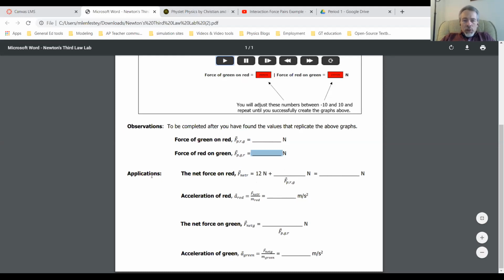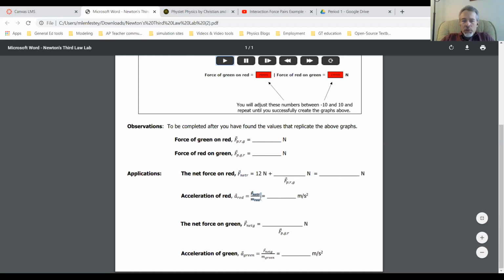Then you're going to go ahead and do the applications. For instance, the first application says 12 plus this blank. This blank right here, it says PRG, is the same as this one. Whatever you put there, you're going to put here. You simply take 12 plus whatever that number is, and it gives you this answer. Then to find the acceleration, you're going to take that net force that you just found and divide by the mass.